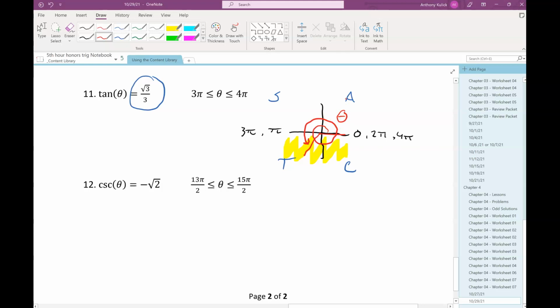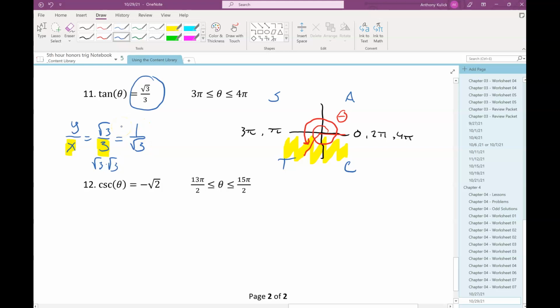Yeah. Now I'm going to go to the unit circle. I'm going to remember that tangent is y over x. But if I go look at the unit circle, there's no place where an x coordinate has a regular 3 in it. So what I'm going to do here is reduce this fraction. I know that 3 is the same thing as root 3 times root 3.